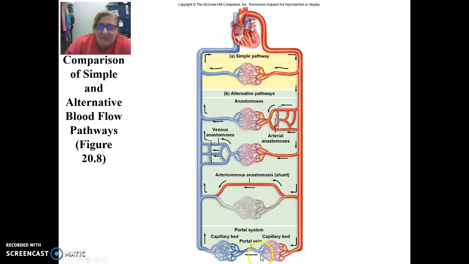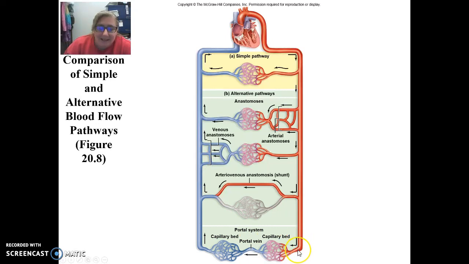But then instead of moving directly to the veins and going back to the heart, it goes through another capillary system. So that's through this portal vein. The portal vein will take blood that typically has a lot of nutrients in it but is oxygen poor to another region where the nutrients can be released, and then the oxygen poor blood can go back to the heart.